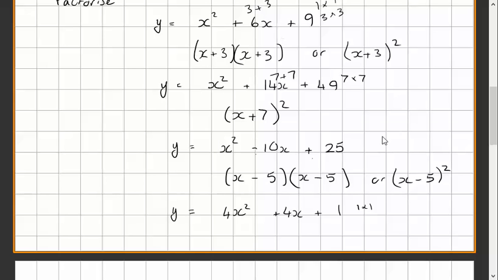Okay, so hopefully one thing you noticed was that final number is always a square number, and this middle number is double the square root of the square number.